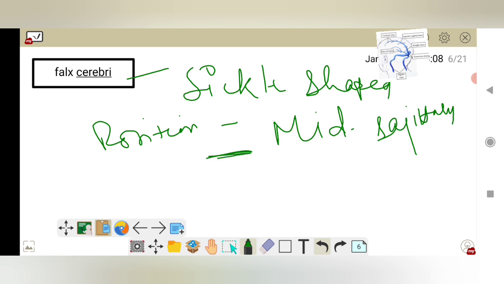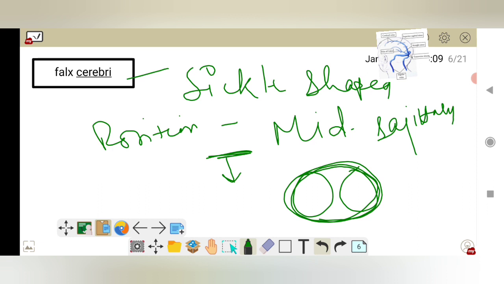If we see the brain, in the cerebrum at midline we see a fissure. That fissure is termed the median longitudinal fissure. So this falx cerebri extends from the vault up in between these two hemispheres. It projects mid-sagittally from the roof of the skull into the median longitudinal fissure of the two cerebral hemispheres.